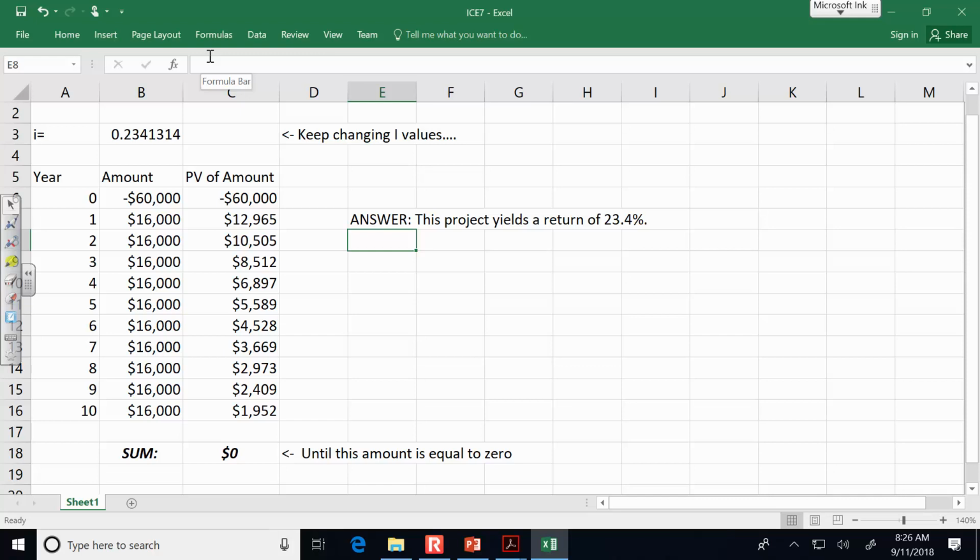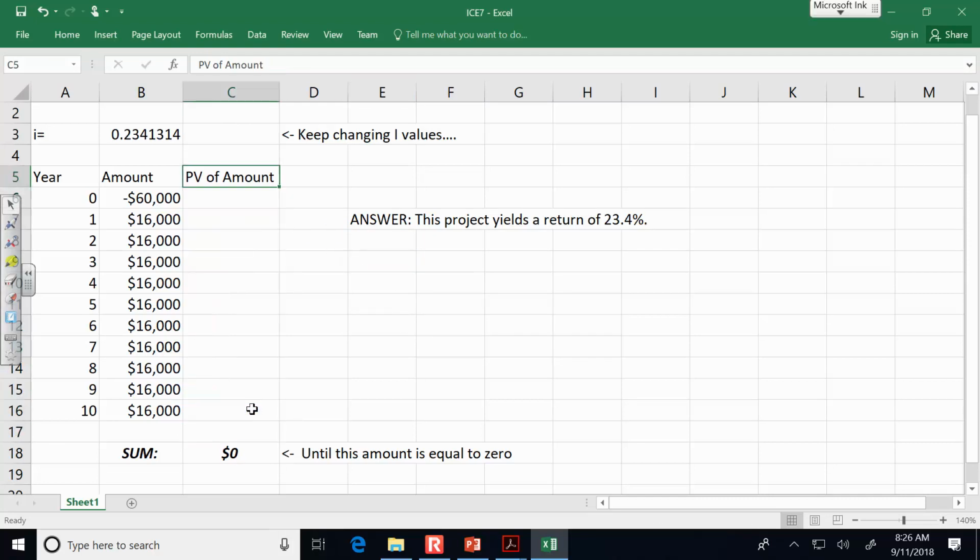Any questions? Which formula? The one that put in for negative 60,000. Yep, this one here. In fact, I'll do better than that. I'll just type it from scratch. All right, so the formula is equals, click on the amount because we're doing F. So the future value is this given amount times parentheses 1 plus, click on the location for the interest rate, so 1 plus I, close parentheses, to the power of n.